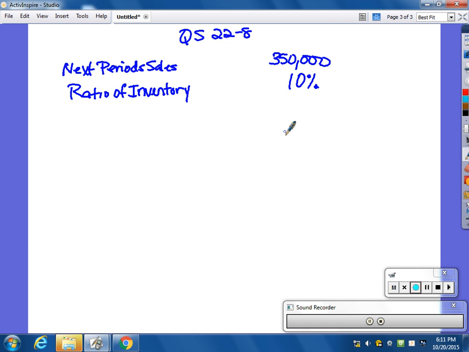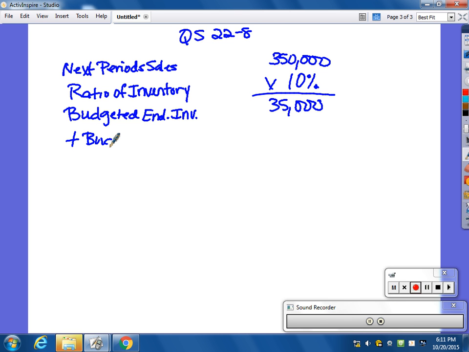The budget and the inventory. How do we get it? Multiply 10%, 35,000, and then what? The 10% add the budget sales for the period. How much is that? 400,000. Okay.